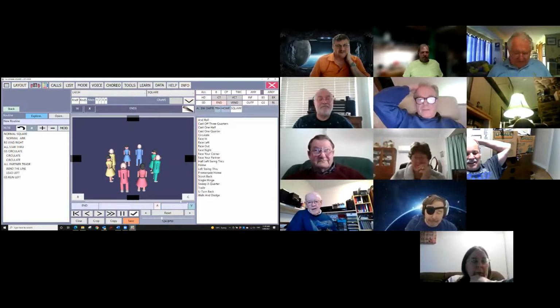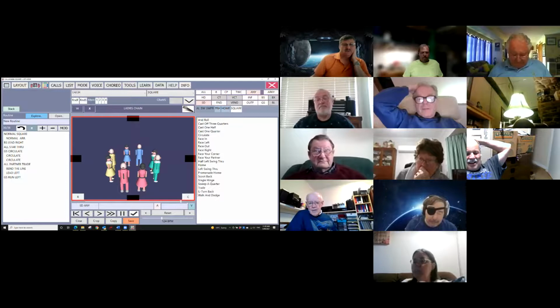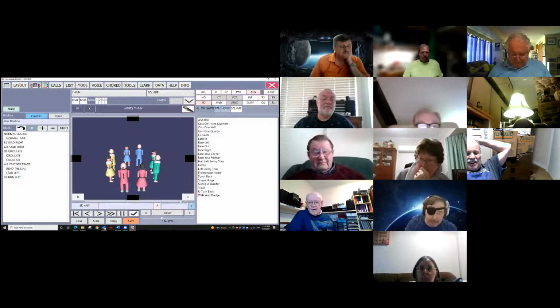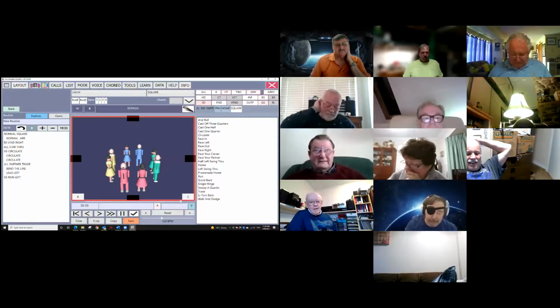Boys lead right, star through, ladies turn 3/4, courtesy turn into it. Ladies chain gives you the courtesy turn proper. Ladies chain, courtesy turn, all 4 couples lead to the left, girls run to the left, do paso. Yes, that would work. That might even fit into a singing call.